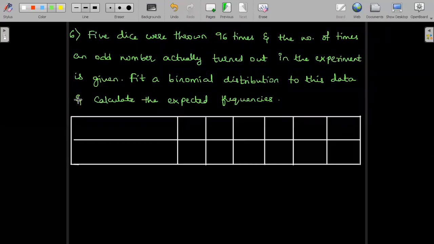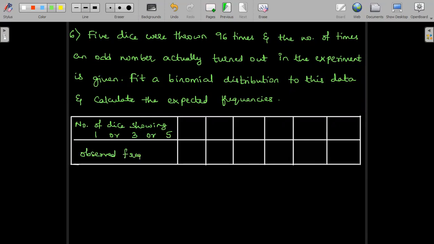So we'll frame a table like this, and in the table it is given for us from the data. This is number of dice showing 1 or 3 or 5, odd number occurring on a dice, and the observed frequencies are given for us. Observed frequency.